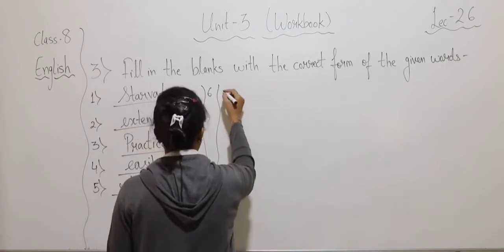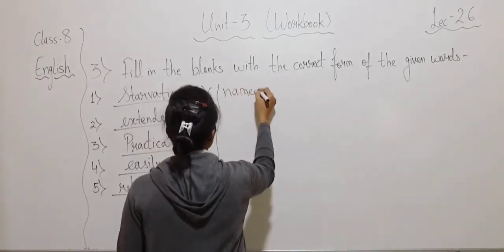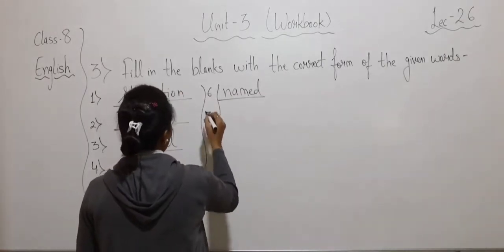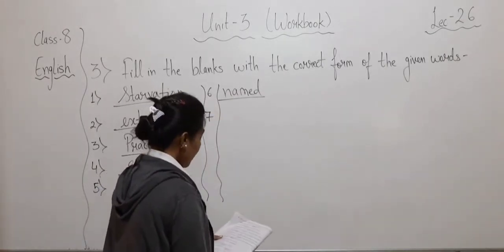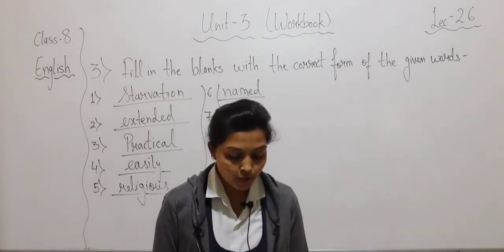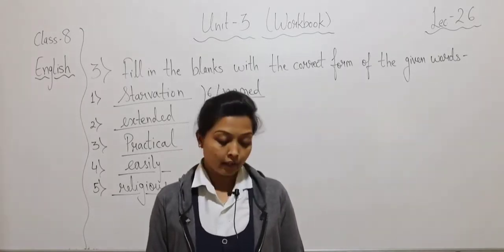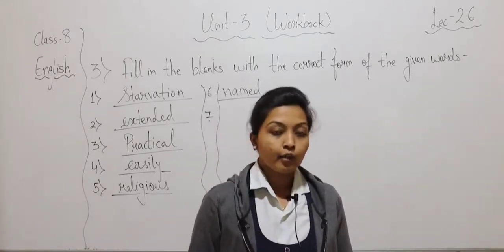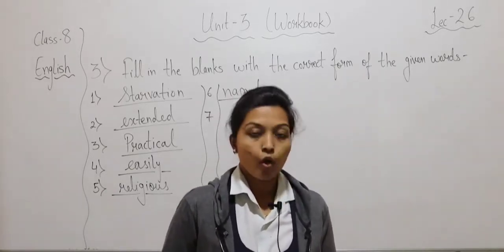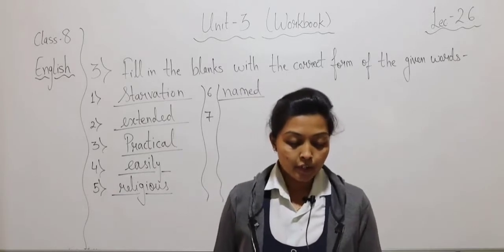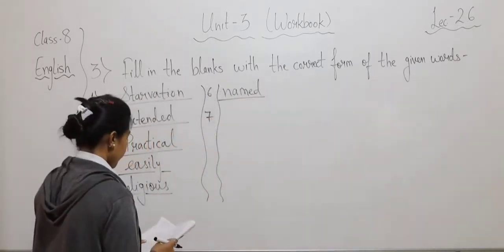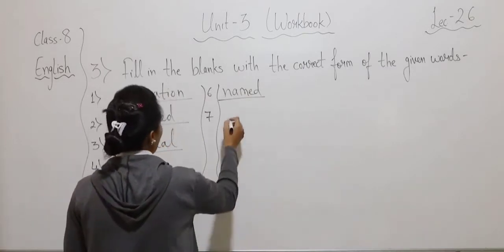Write down named. Then next 7. Tipu of Mysore dashed the British till he died fighting. In the bracket fight is given. So Tipu of Mysore fought the British till he died fighting. Fought.